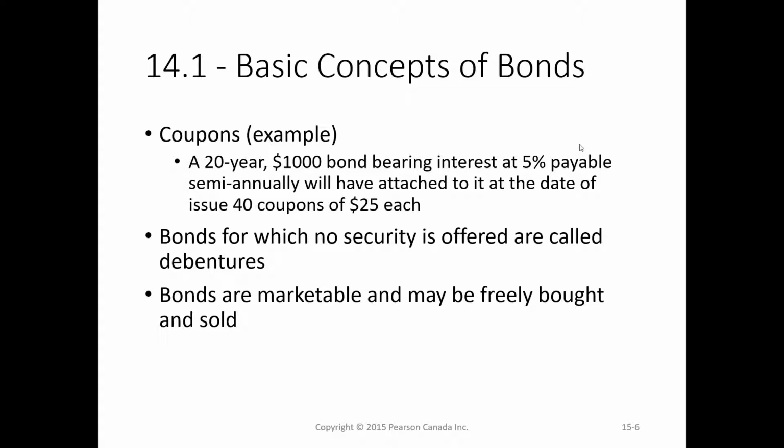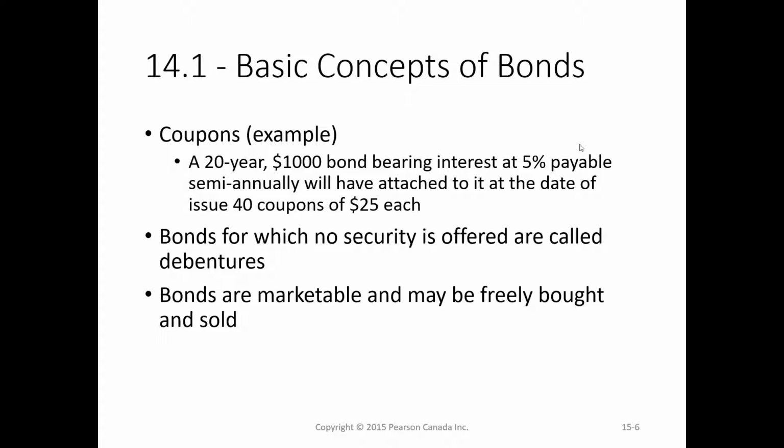Now, you will see that bearing interest at 5% payable semi-annually. Payable is your clue that this is the rate used to find the coupon payment. Once you see that 5% payable, that means this is used to calculate the coupon payment, that regular stream of payments that we got used to in an annuity. It's the same thing here.